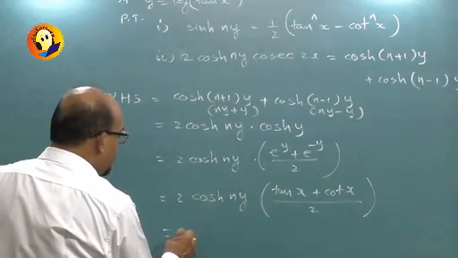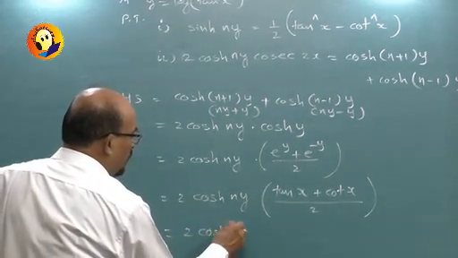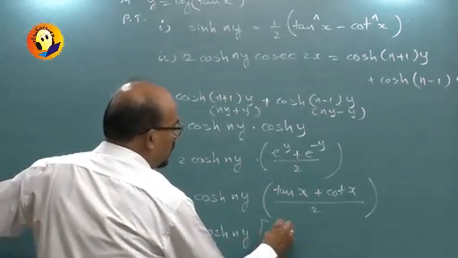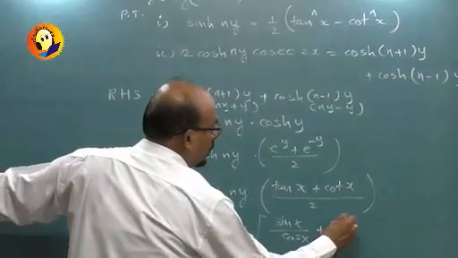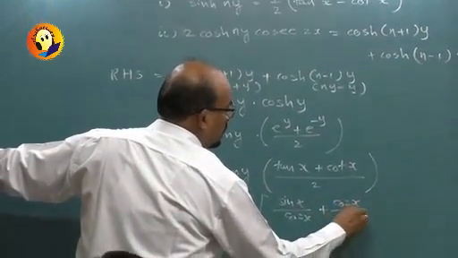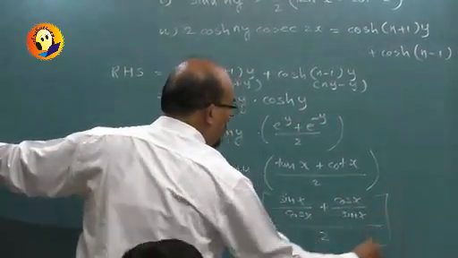Tan x plus cot x means 2 cosh ny, it is sin x upon cos x plus cos x upon sin x, upon 2.